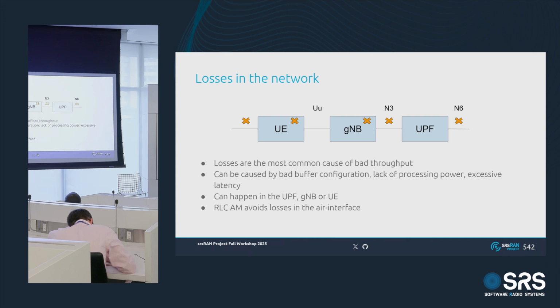So the RLC will guarantee that in the air interface, there are no losses. But that doesn't mean that there are no losses anywhere else. There can be losses before the core. There can be losses between the core and the gNB. There can be losses inside the gNB, and even at the reception, at the UE, and after it.